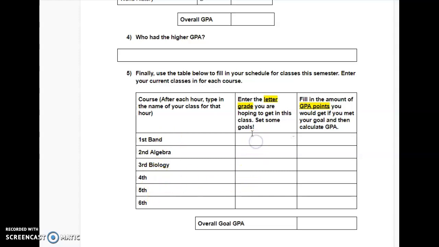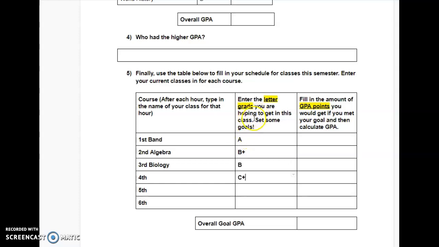And then you're going to just enter the letter grade you hope to get. I really like band. I'm going to get an A in band. I know I am. I'm going to work really hard for it. Algebra, math can be a little tough, but if I work hard, maybe I can get a B plus in there. Biology, oh, I love biology, but I hear there's a lot of reading in biology, so I'll be happy if I get a B. And you're just going to go through and you're going to just set your grades.